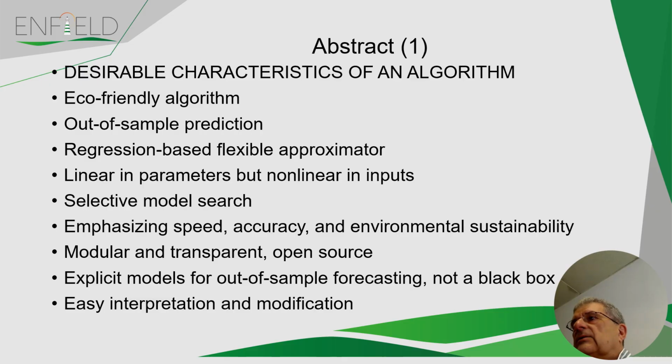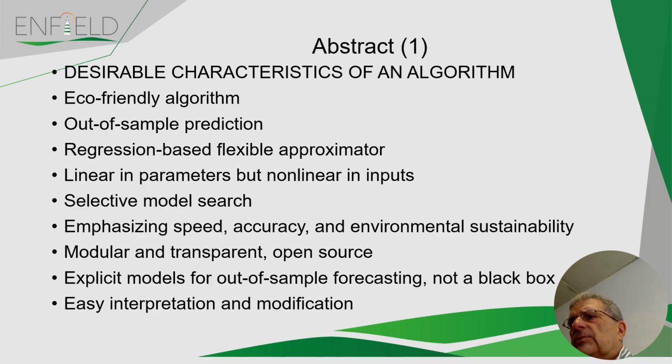I want to start now trying to convince you that it is important to have algorithms that are useful, that are relatively simple to use, and that are effective for obtaining our desired results. So in principle, we want an algorithm for AI purposes that is eco-friendly, which is useful for out-of-sample prediction, and which is a flexible regression-based approximator.